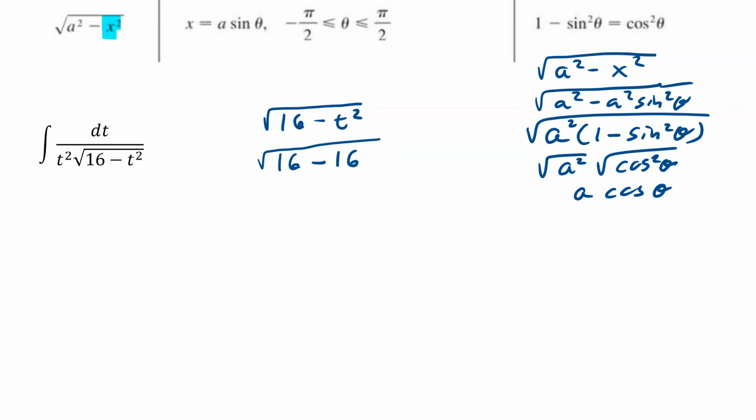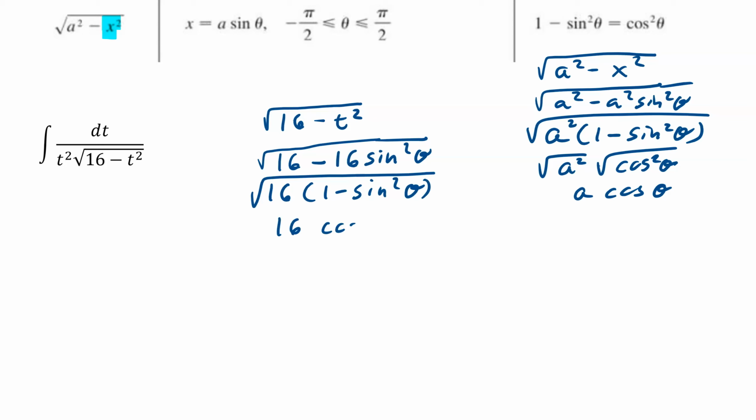This needs to be 16 sine squared theta, so that we can factor out a 16, which would then give us 16 cosine squared theta. And then we take the square root and we get 4 cosine theta.